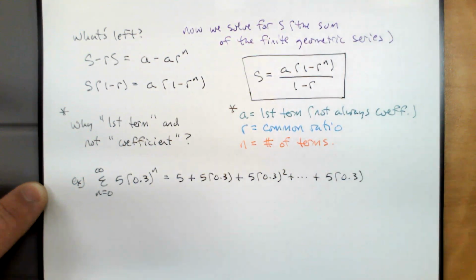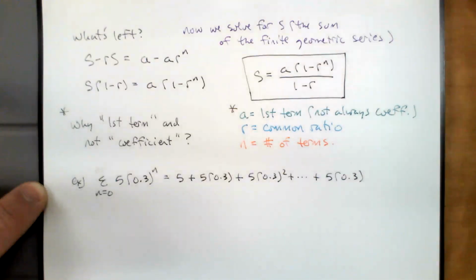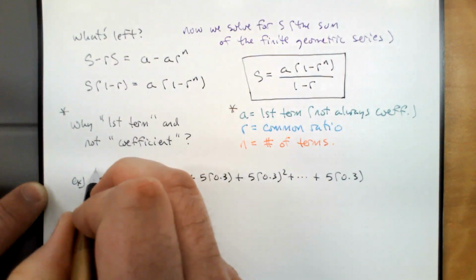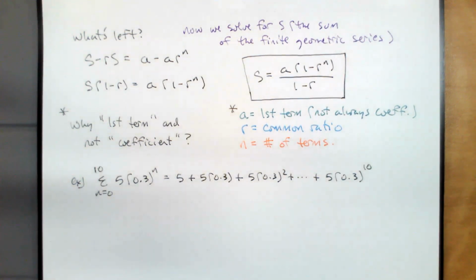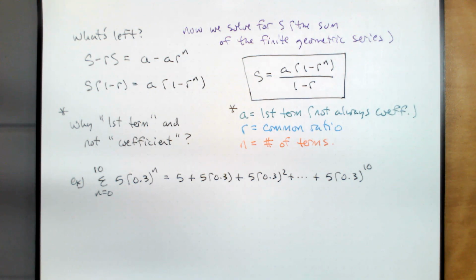Oops. I wanted a finite. So in this case, we have a finite geometric series. The first term is 5 because the indexing started off at 0. The common ratio is 0.3, and there are 11 terms because the indexing started at 0. We don't normally start our counting at 0.